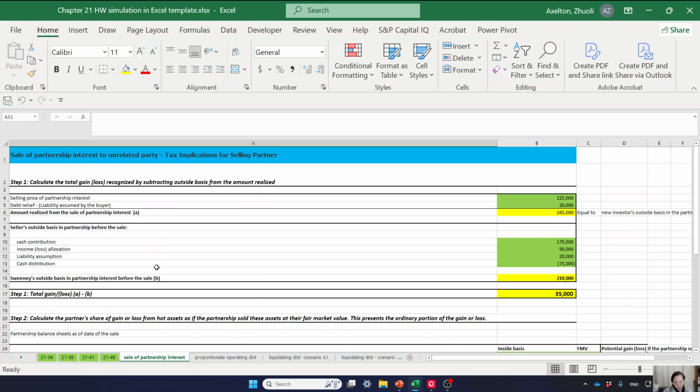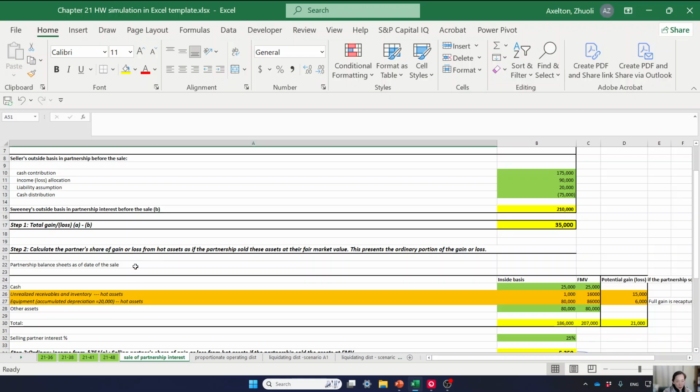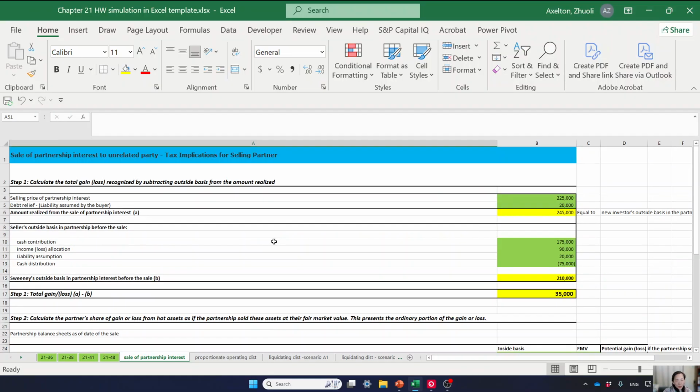In the back end, I do have a template for the sale of a partnership interest to help you go through the different steps in the calculation, laying out what is involved in each step. I tried to be more comprehensive in this calculation, because in some of the homework you may not need to do all the calculations, since some of the numbers will be given to you.